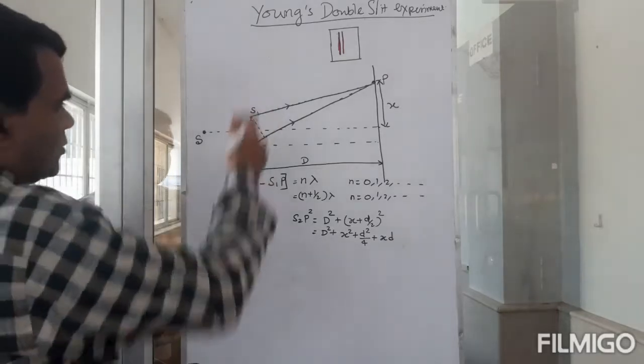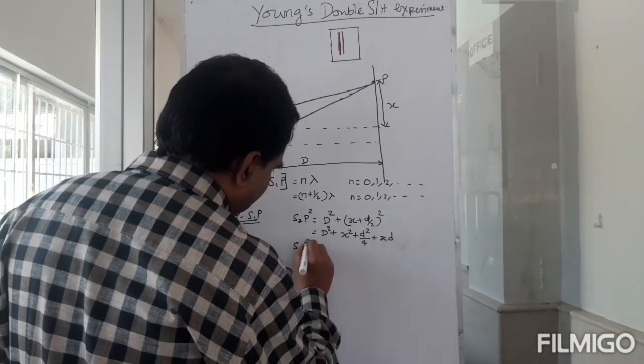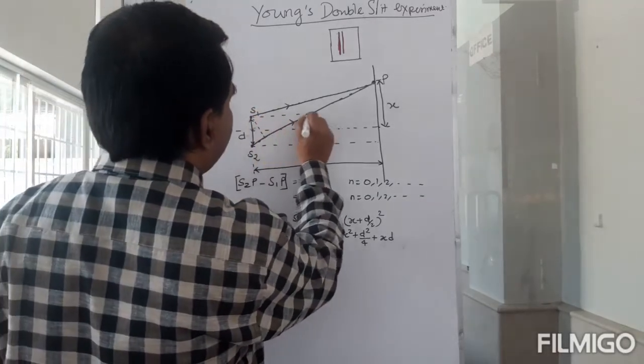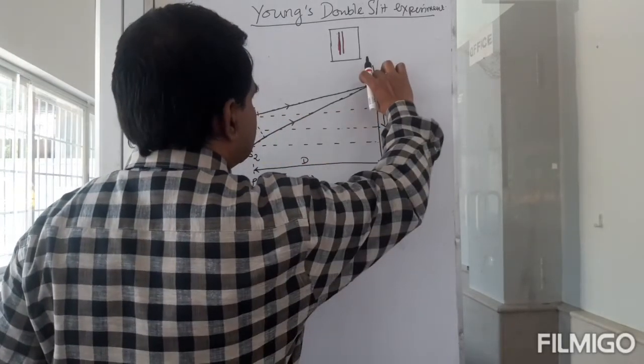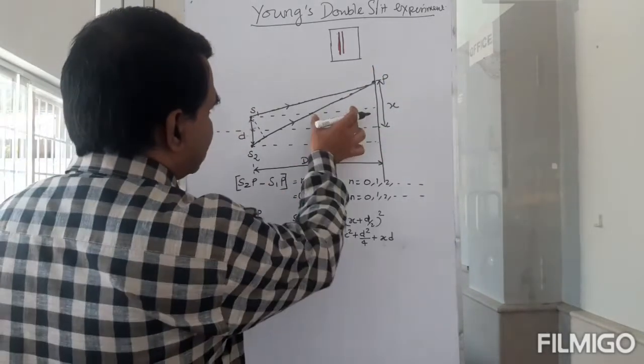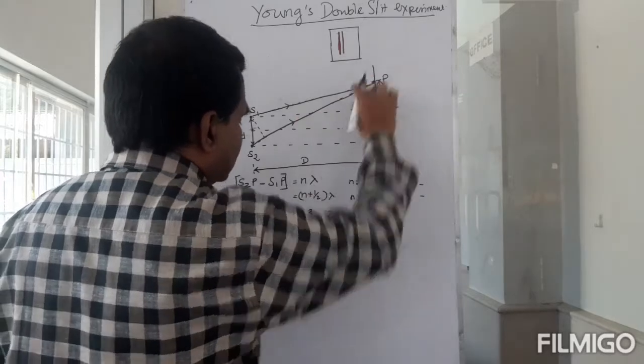What about S1P squared? S1P squared is going to be this distance square plus this distance square. So S1P squared is equal to D squared again. What is this?